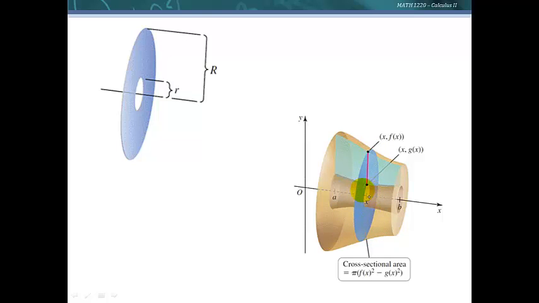The area of the hole would be pi g of x squared, and we could subtract the two. So we have pi f of x squared minus pi g of x squared. This is the hole, and this is the disk. So we take the difference there, and we have the area of that washer, and it's very common to factor the pi out in front.